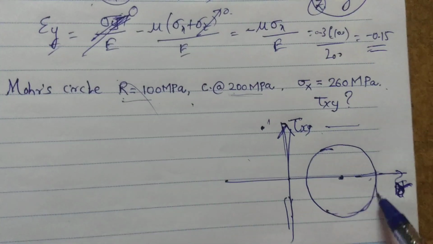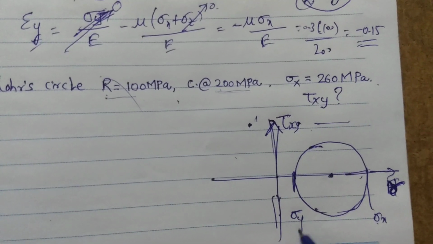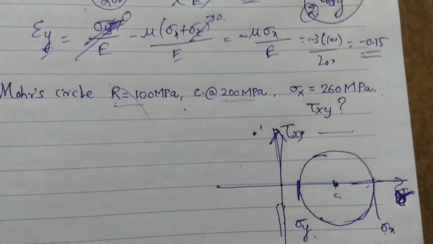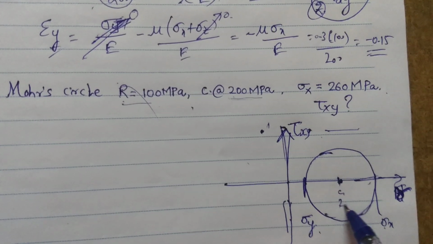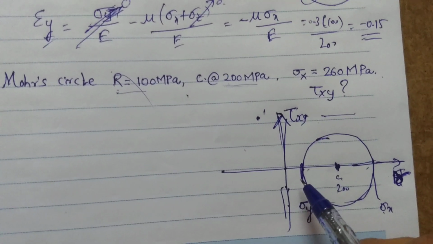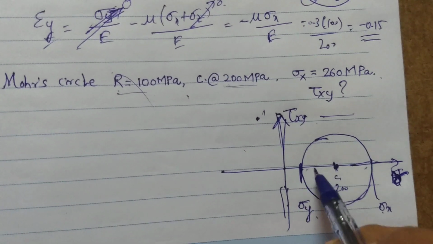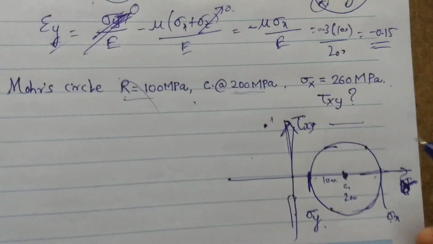This value stands out to be sigma x. This extreme value, this minimum stress value, is sigma y. This is the center. So the center is at 200 megapascals here and the radius is given as 100 megapascals.